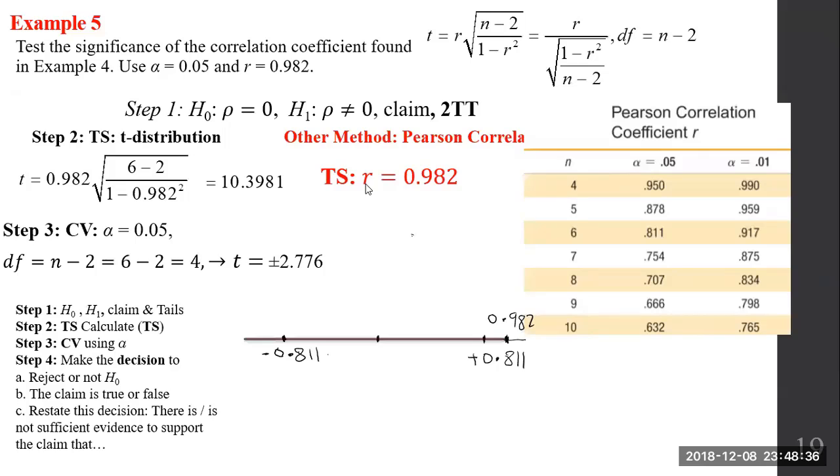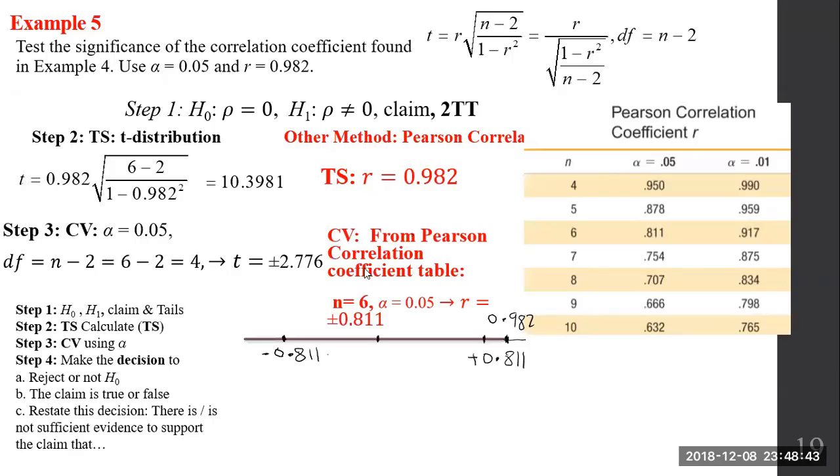In this case, R is given to us as 0.982, and the critical value from the Pearson table, with n equal to 6 and alpha equal to 0.05, is 0.811.